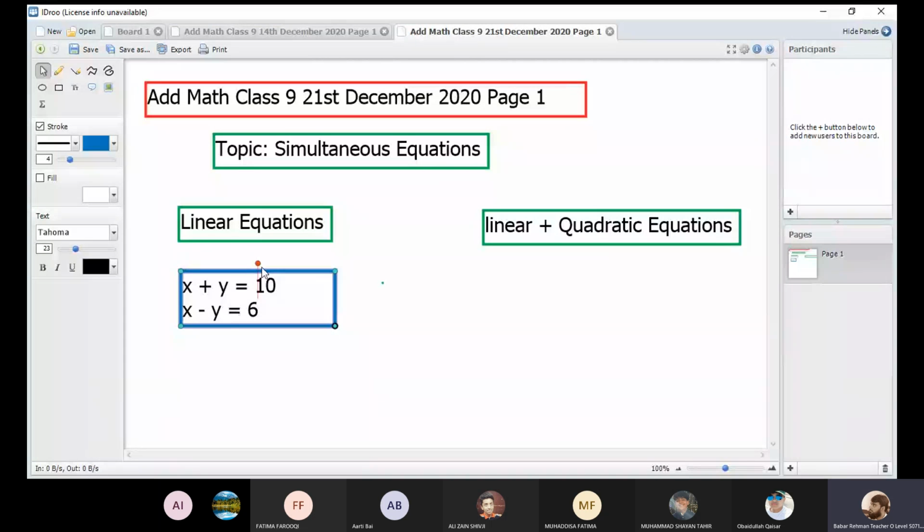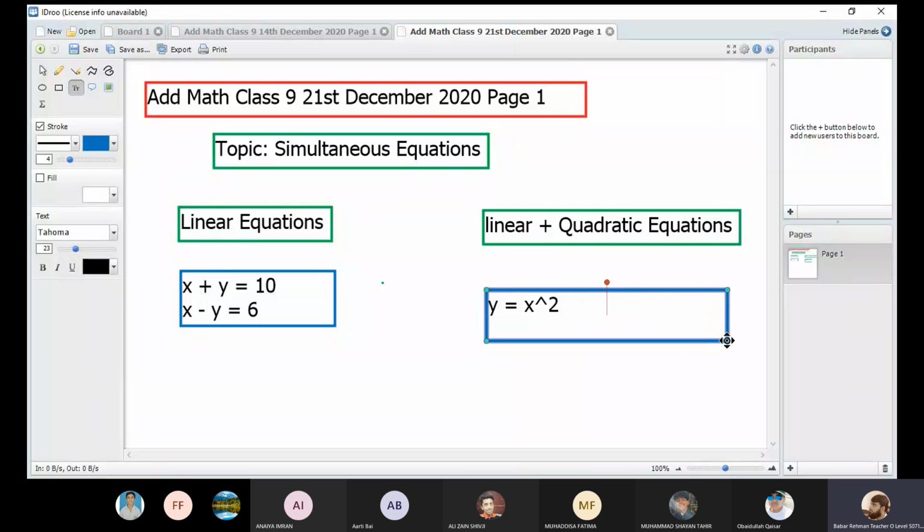So I give you one example first. Look at this. Like the first question given in our paper, y is equal to x square. Please consider this cap as a square. y is equal to x square, one equation.